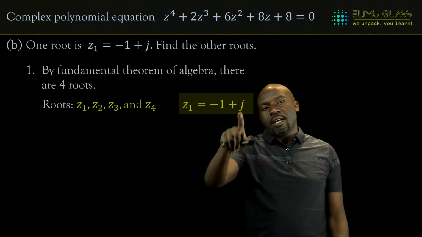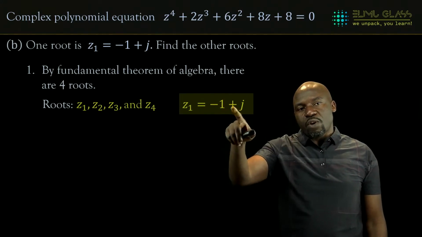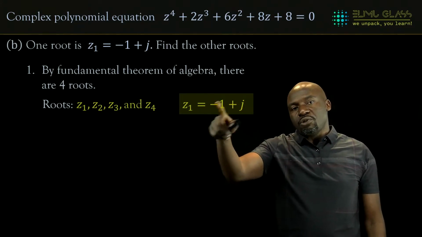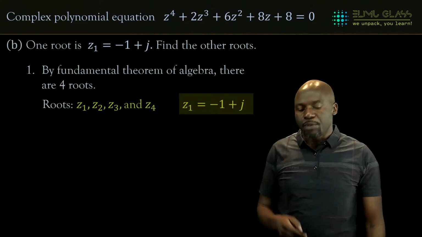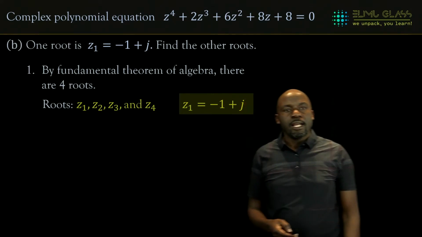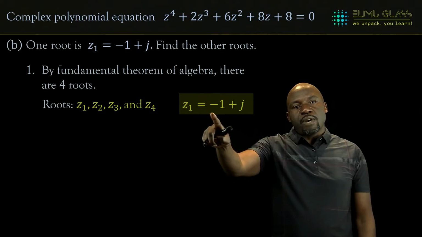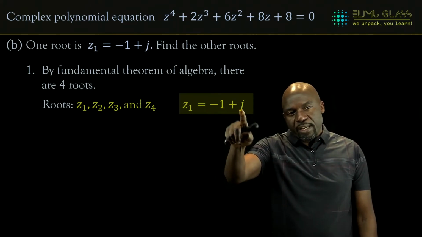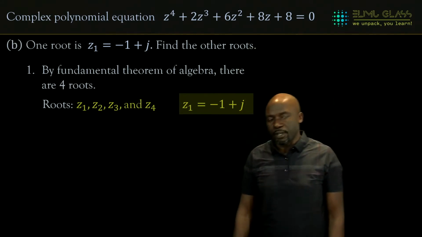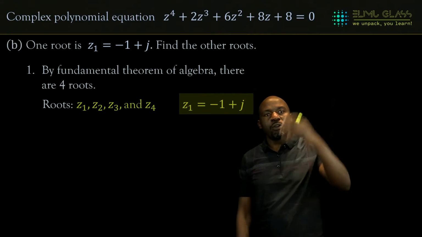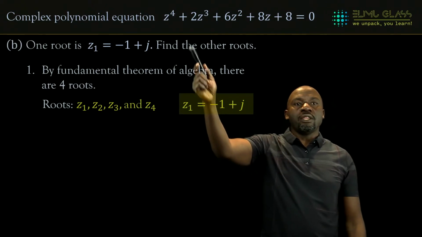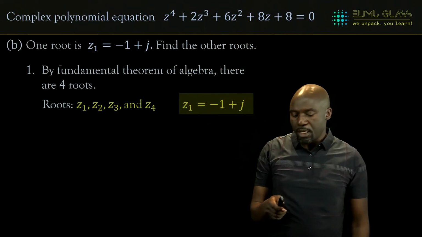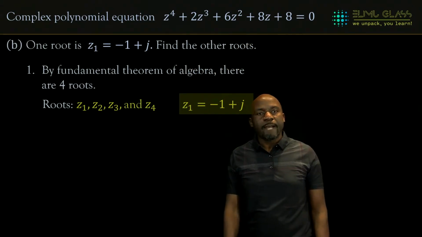So since one of the roots is -1 plus j, the conjugate of this must also be a root, which is to say that this is -1 plus j, so -1 minus j must also be a root of this polynomial. It is true because this is a polynomial with real number coefficients, okay?